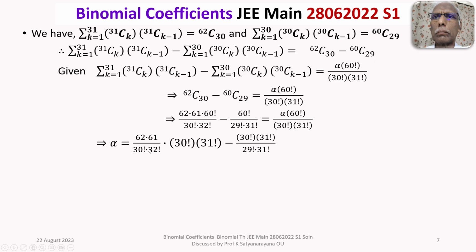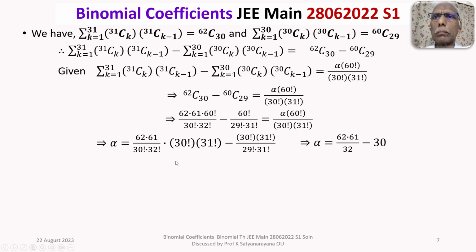Now 31 factorial, 32 factorial. 32 factorial is written as 32 into 31 factorial. 31 factorial cancels. So what you have is 62 into 61 by 32. And here 31 factorial cancels. 30 factorial is written as 30 into 29 factorial. So 29 factorial cancels. So what is remaining is 62 into 61 by 32 minus 30.